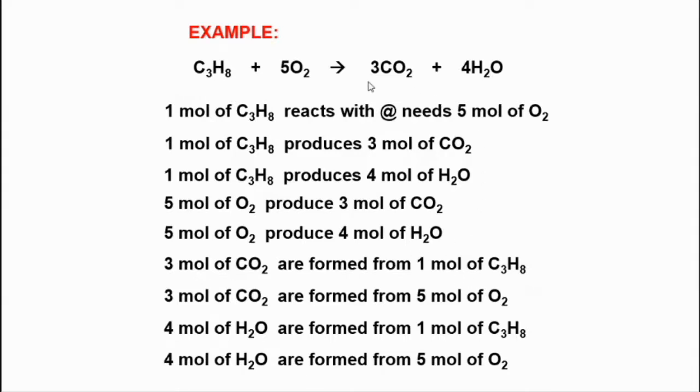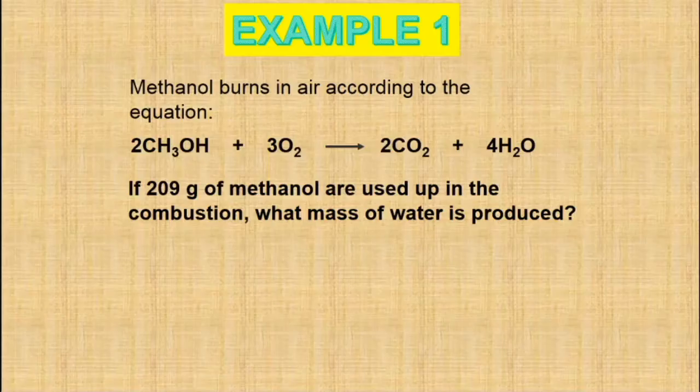See, so these are what we call the stoichiometrical relationship between the reactants and reactants, reactants and products, and products and products. Okay, so next, I'm going to show to you a few examples of problems.